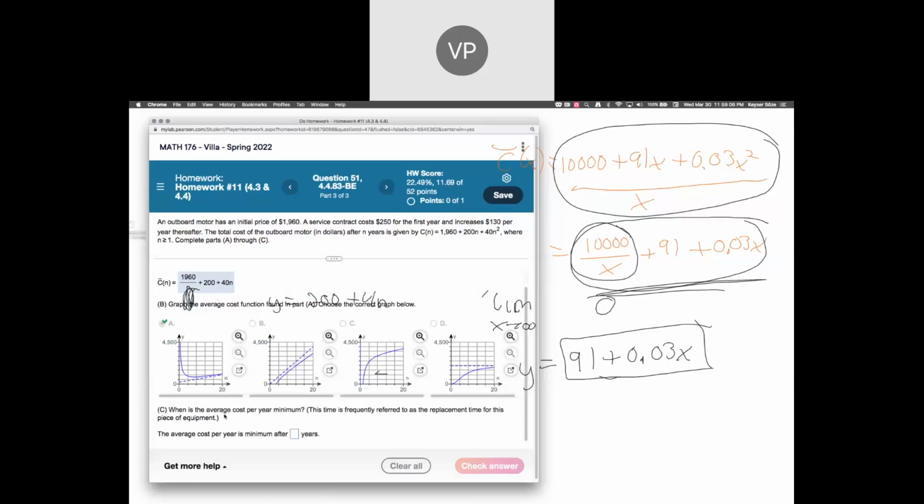And then, what's the average cost per year minimum? And then we give you the hint, frequently referred to as the replacement time for this piece of equipment. The average cost per year is minimum after how many years? So we're looking for the minimum. I can look at this picture. I can also look at that other idea, remember, where we make the marginal costs equal to that.